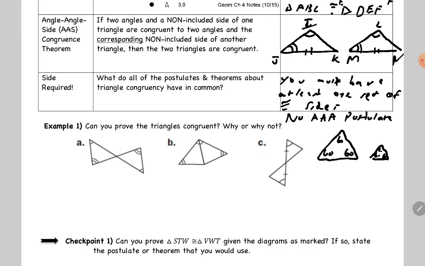Why or why not? Part A. So we have two angles, and then we have this angle here. So we have AAA. No. That's all we have. We need at least one set of sides being congruent. So part B, we have this side being the same. So this would be angle, angle, side.